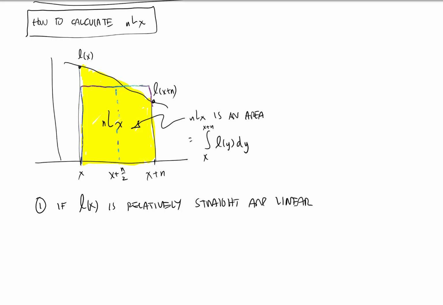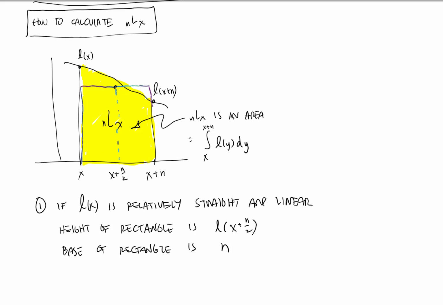The height of this rectangle, which we're going to use to approximate the yellow trapezoid, is L of x plus n over 2, and the base of the rectangle is n years.